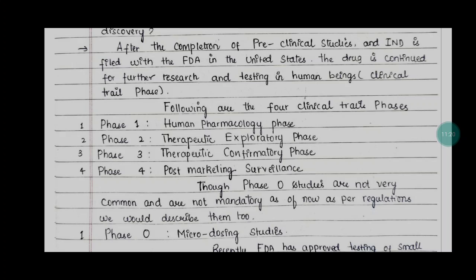The following 4 clinical trial phases are human pharmacology phase, therapeutic exploratory phase, therapeutic confirmatory phase, and post marketing surveillance. Though phase 0 studies are not very common and are not mandatory as of now as per regulations, we would describe them too.